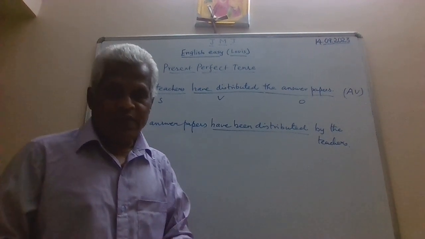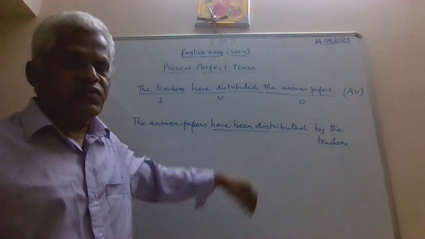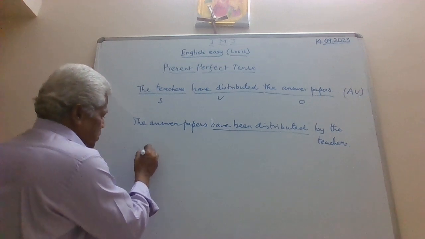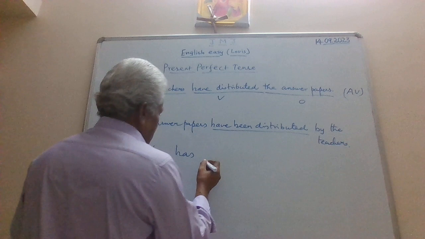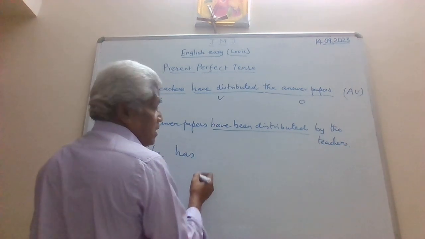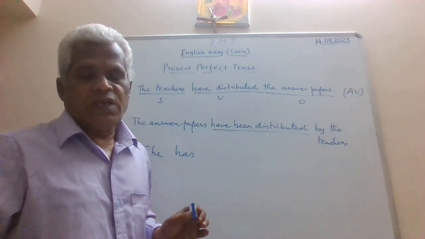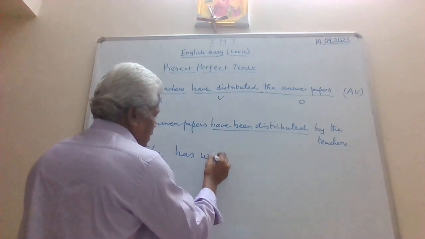Okay, let me use another third person singular as a subject, then we try to convert it into passivation. Let me write a sentence here. She has... what is the verb that we can think of? So she has won.